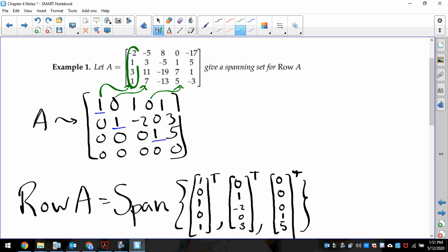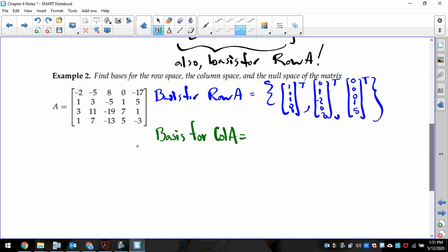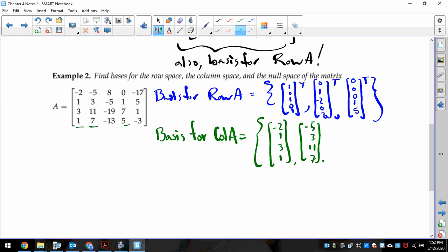So these form the basis for the column space of A. So let's go ahead and take those columns and write them for the basis down here. So it was the first two and the fourth one. So the basis for the column space, we'll want to take the first one, the second one, and the fourth one.